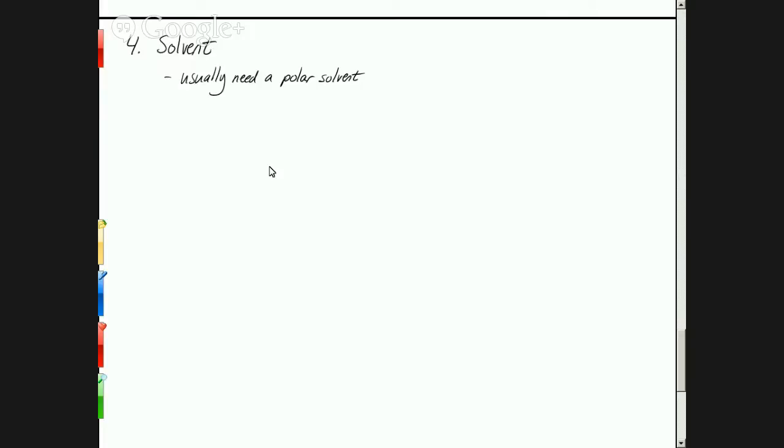So there are two categories of polar solvents that we're going to consider. And we're going to call them protic and aprotic. What do you think that means? Any ideas?